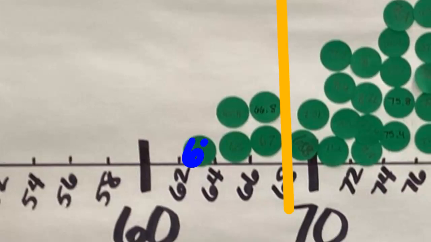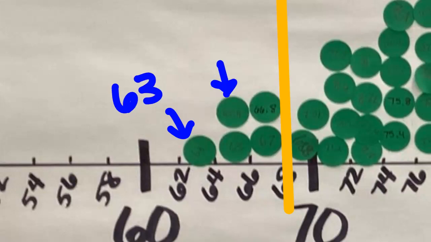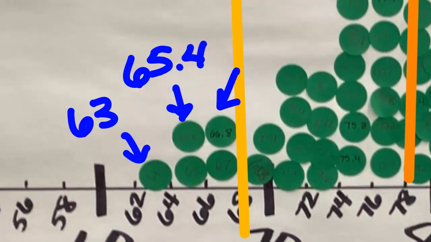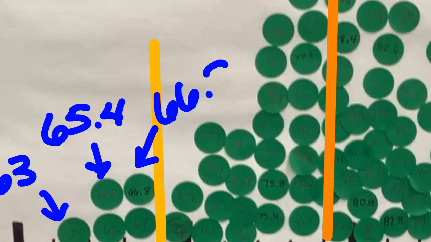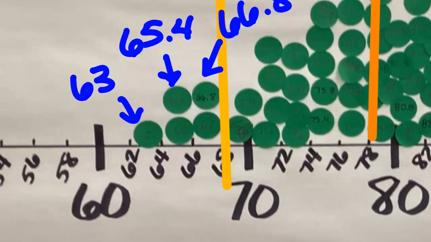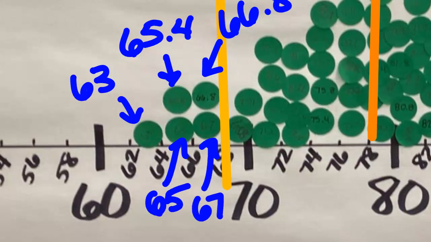That one's 63. This one is 65.4. We have 66.8 right here. This one is 65 even. And this one is 67. Everything else is greater than 68. On the other side, we have 70.2 and 68.8.